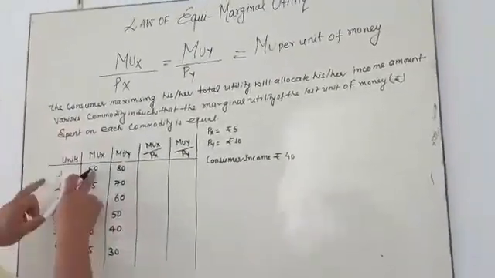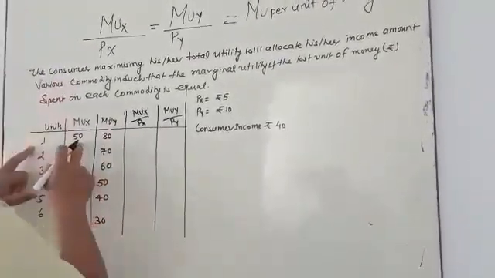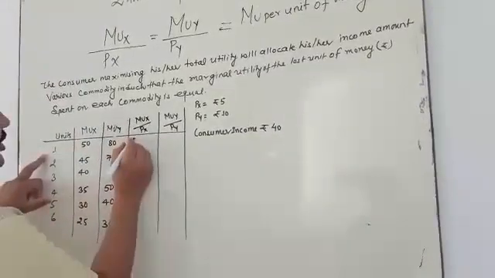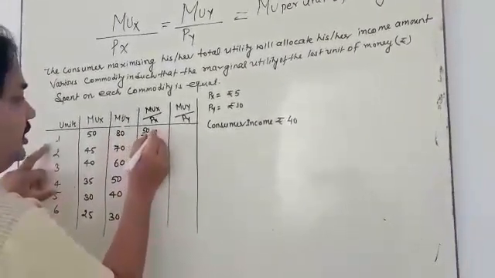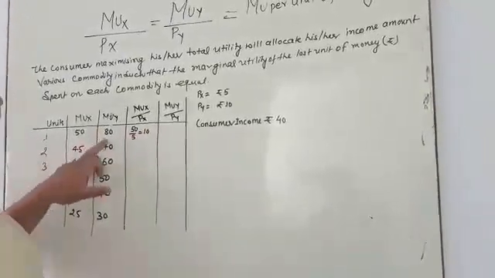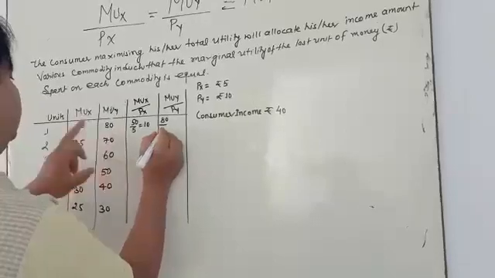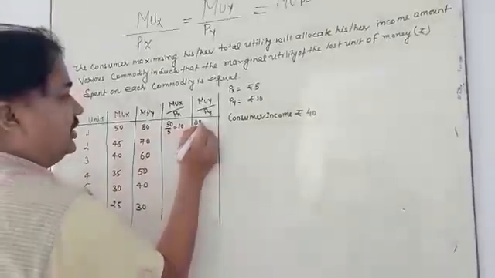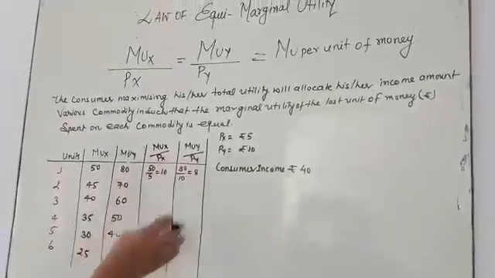In the first situation, what is MUX upon PX? MUX is equal to 50, that is 50 upon 5 is equal to 10. What is MUY? 80 upon 10, that is equal to 8. So this way you are going to find out all the situations here.